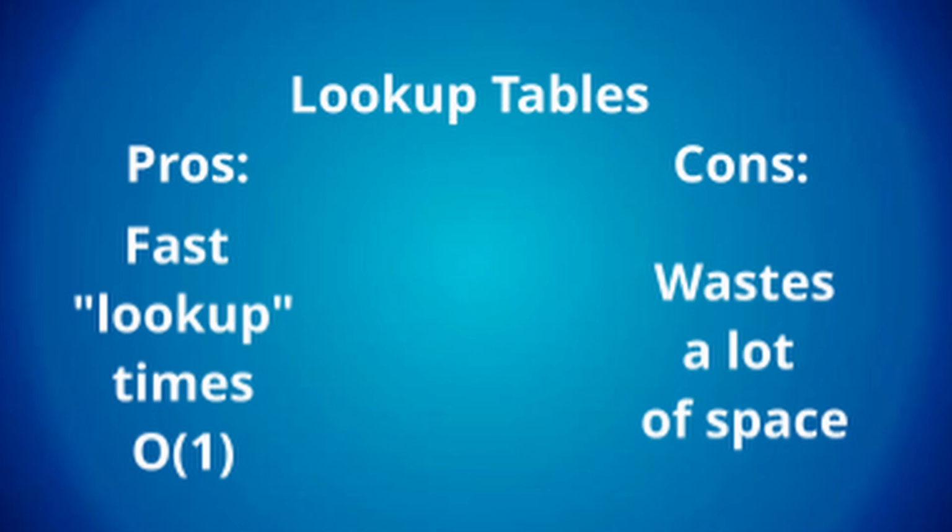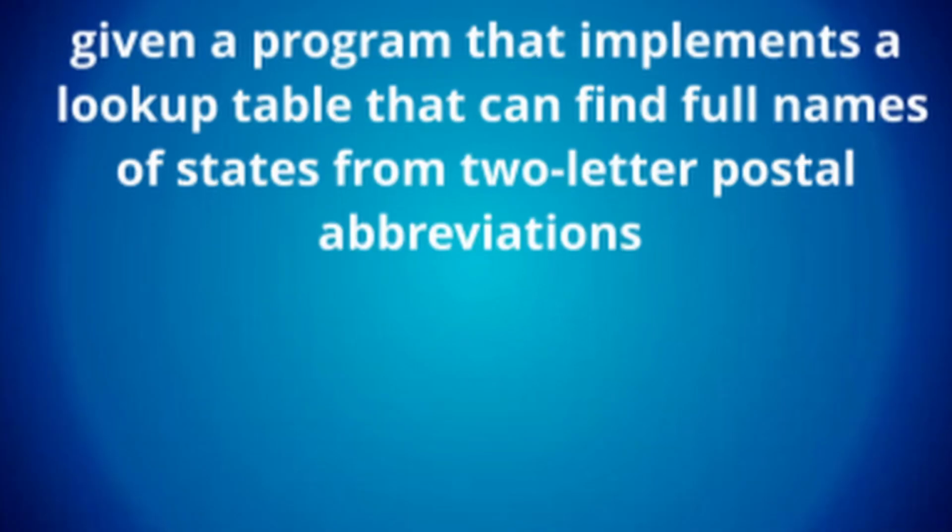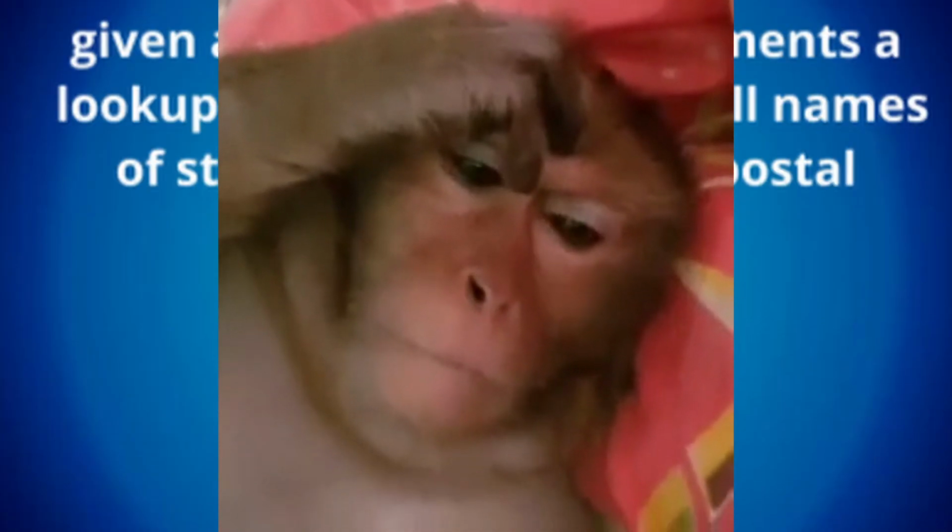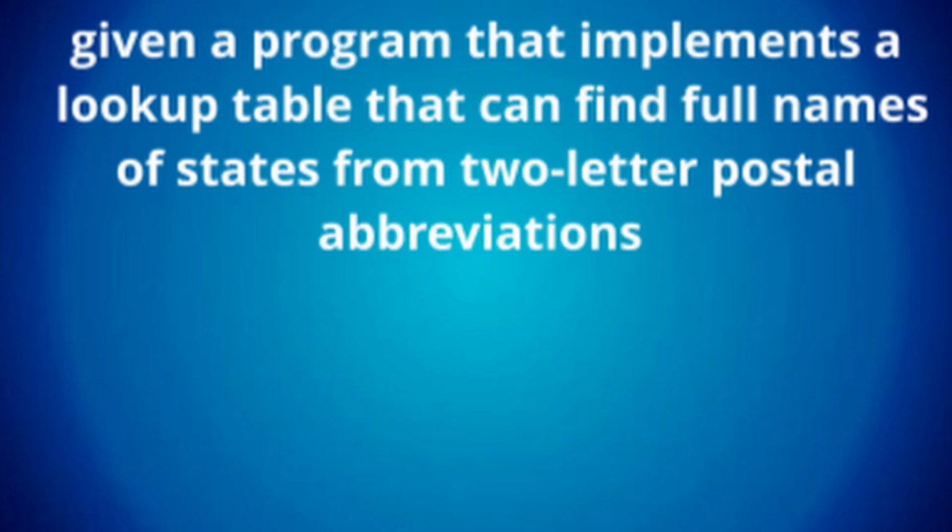Now let's look at another example. You're given a program that implements a lookup table that can find full names of states from 2-letter postal abbreviations. How do you get the index for that lookup table?